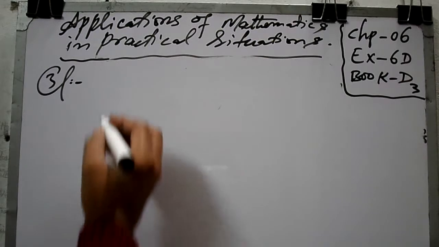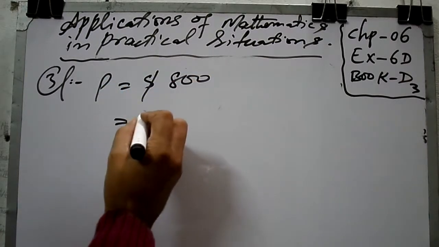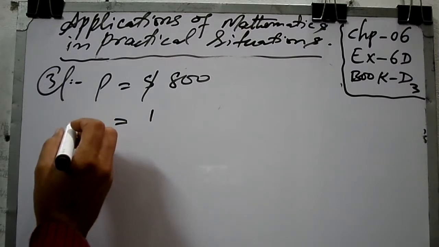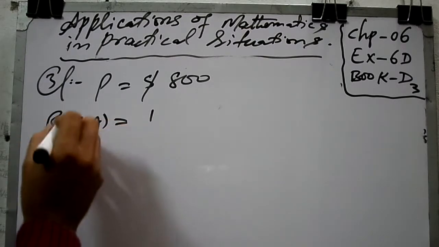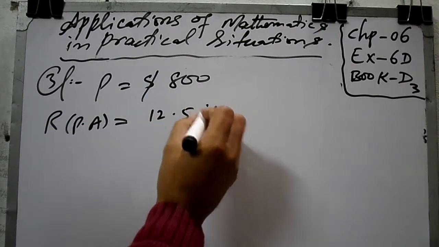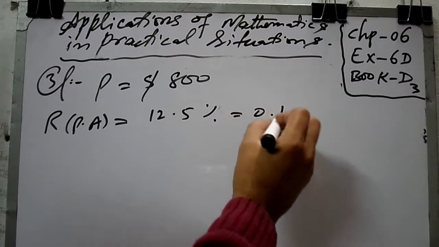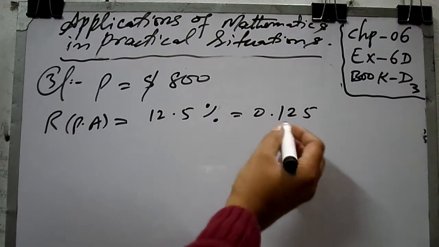So the principal amount is $800, and the rate of interest per annum is 12.5%, that is equal to 0.125, because we remove the percent and divide by 100.